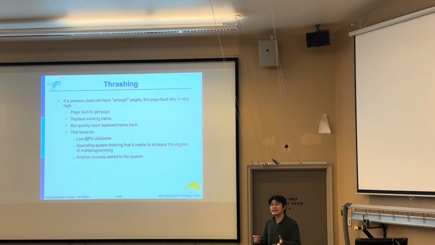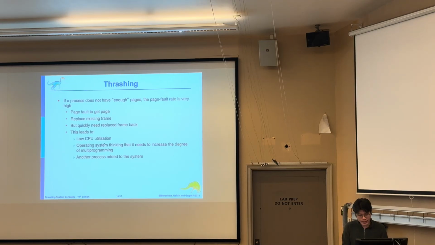In this case, all of the processes will thrash, and they will be mainly doing I/O. Because all the processes are mainly doing I/O, your CPU is mostly idle. Right? Most of the time, the entire computer is just doing I/O. Okay, so this leads to low CPU utilization.